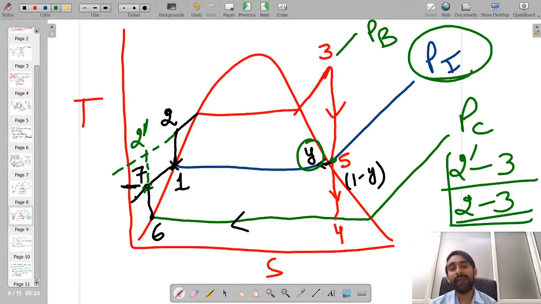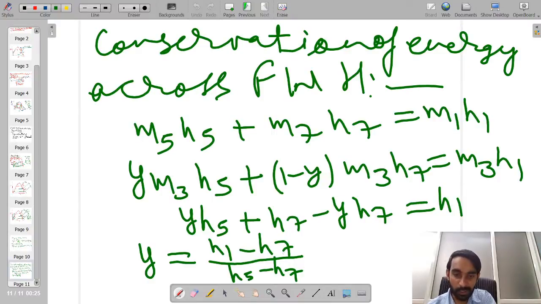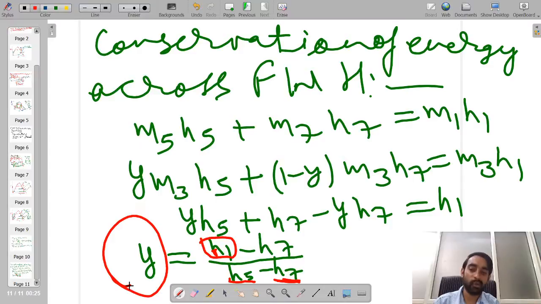As we have already decided that point number 1 has to be taken at the saturated liquid state only, H5 and H7 are already known, and H1 we have fixed due to the practical condition for operating the cycle. So if we substitute the values of all these enthalpies, we will be able to estimate the fraction y, how much we have to extract from the turbine.